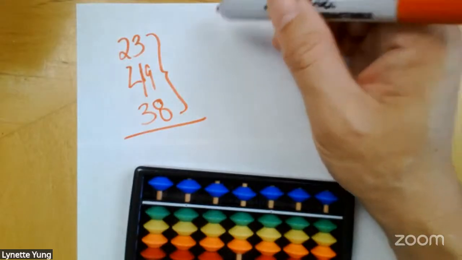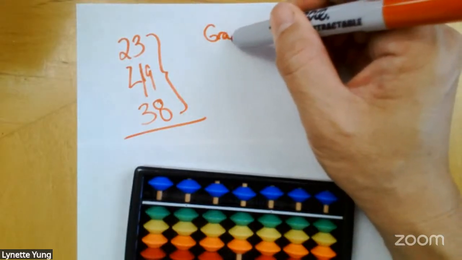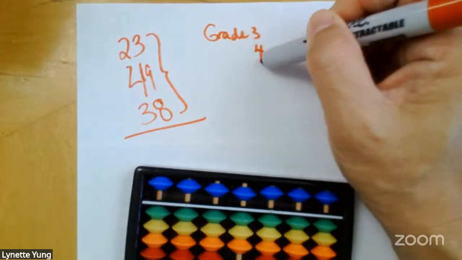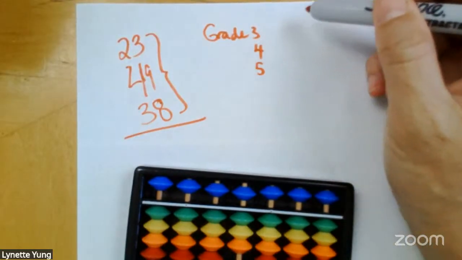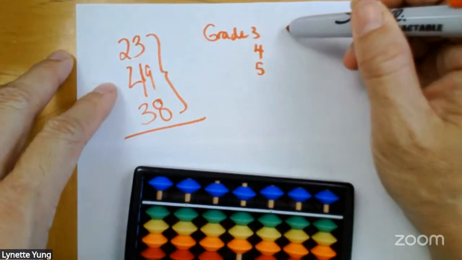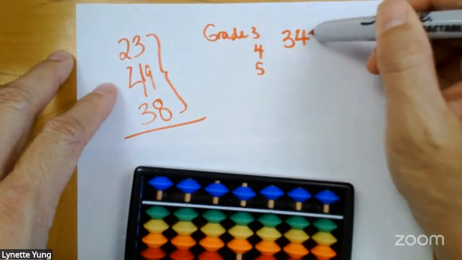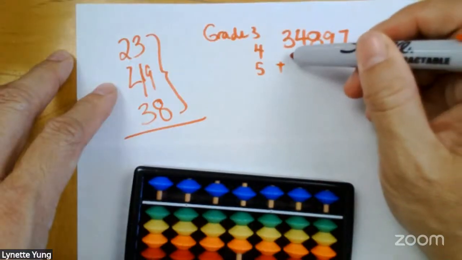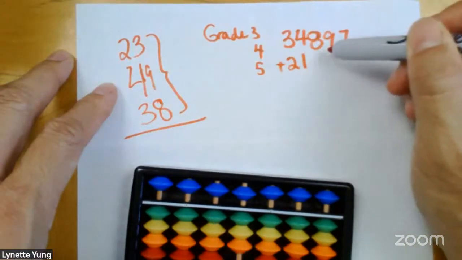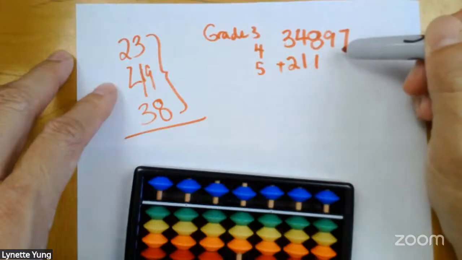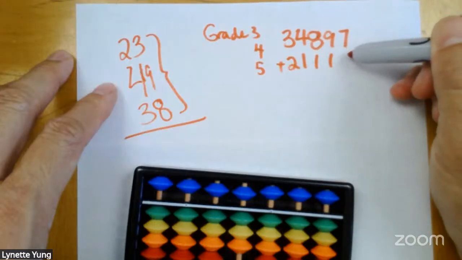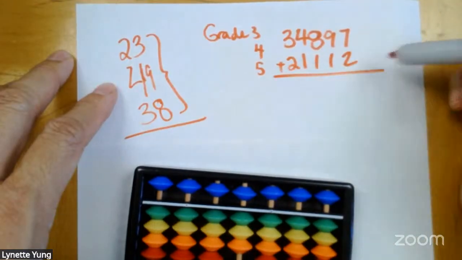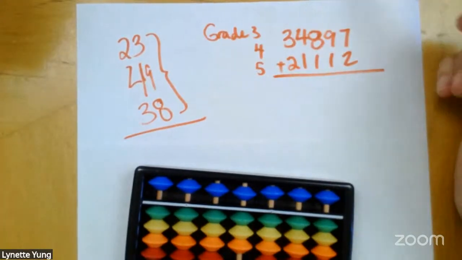In third, fourth, and fifth grade, the numbers themselves are going to be super long. So it'd be 34897 plus, I don't know, 21112, and that would be their first set of numbers.